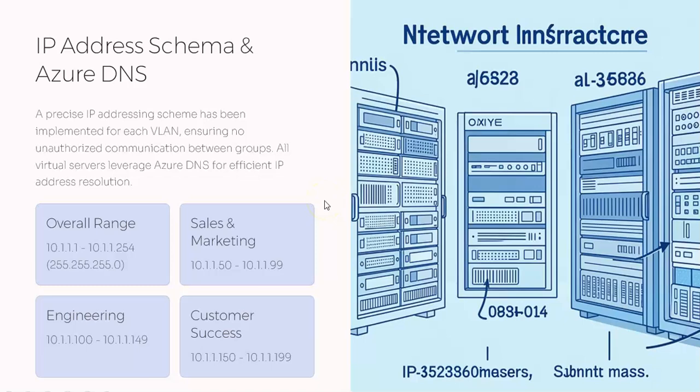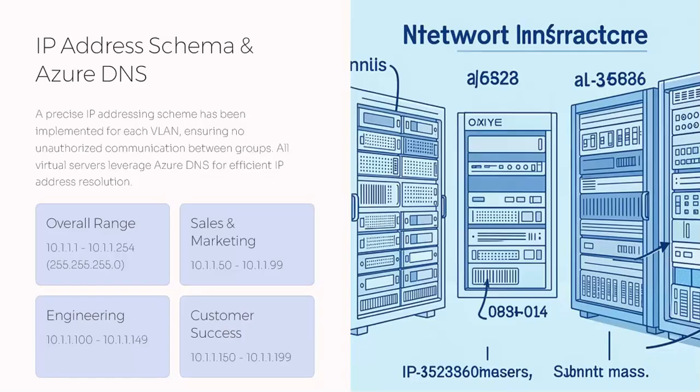And we also talk of the IP address scheme and also the Azure DNS. So a structured IP address scheme was implemented using the recommended IP address range, 10.1.1.0, with a slash 24 network.